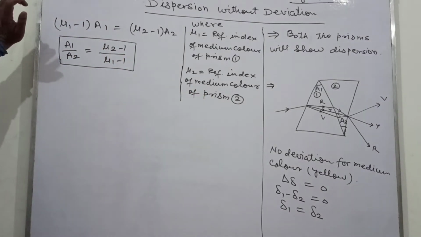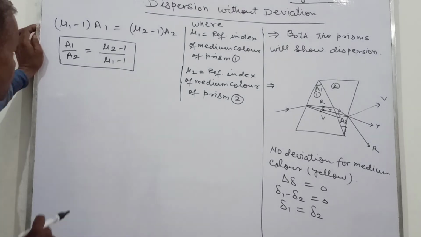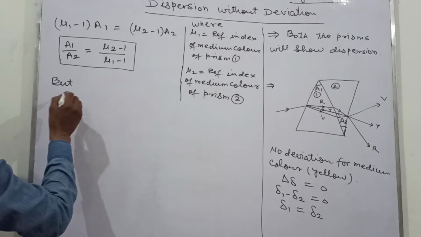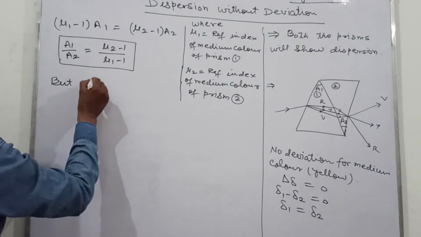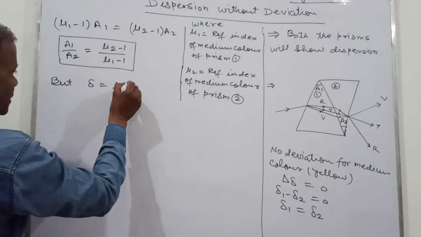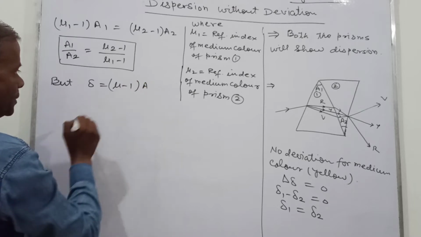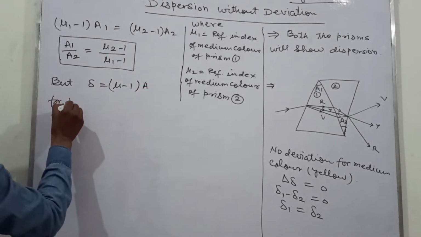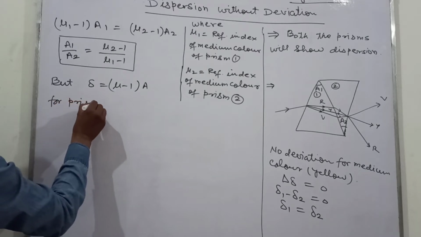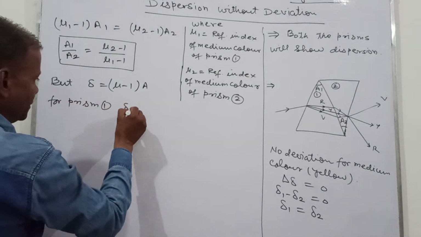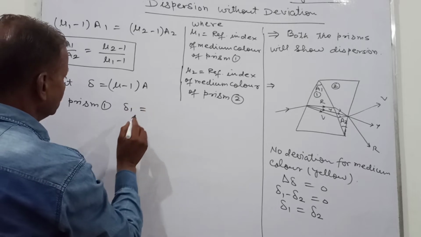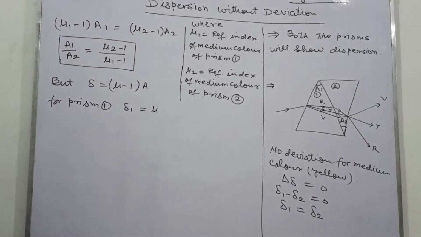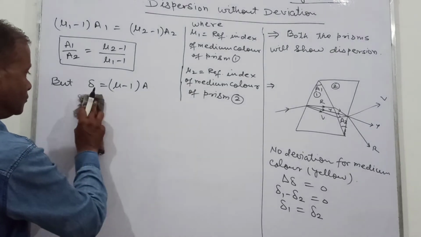So now we also know the formula, delta is equal to (mu minus 1) into A. So for prism 1, delta 1 equal to (mu1 minus 1) into A1.